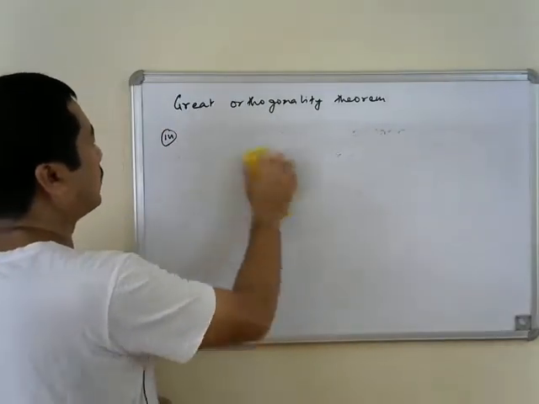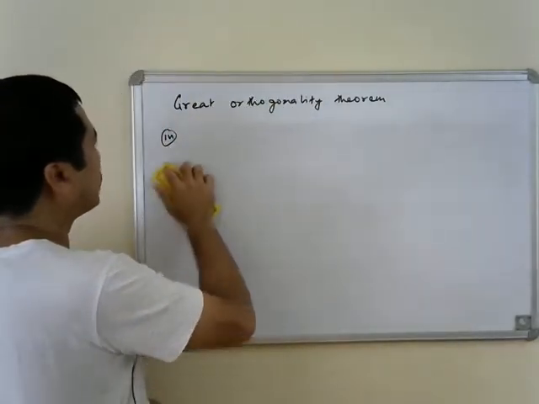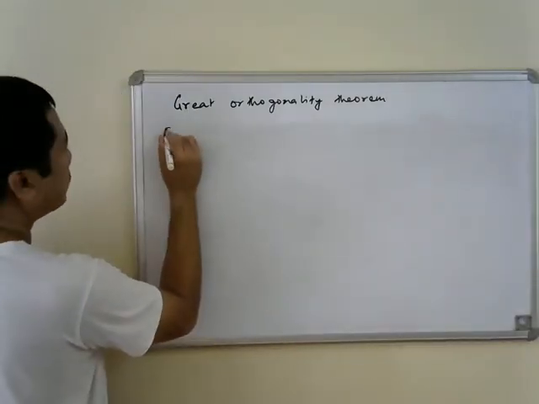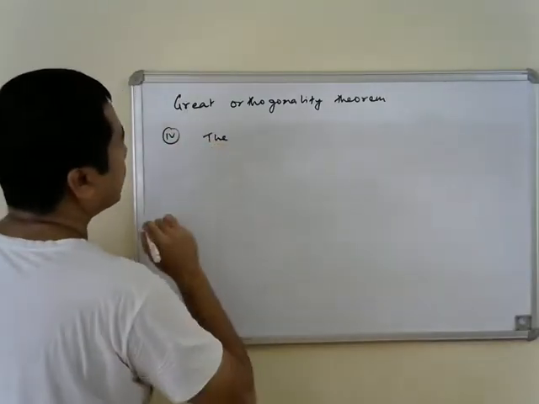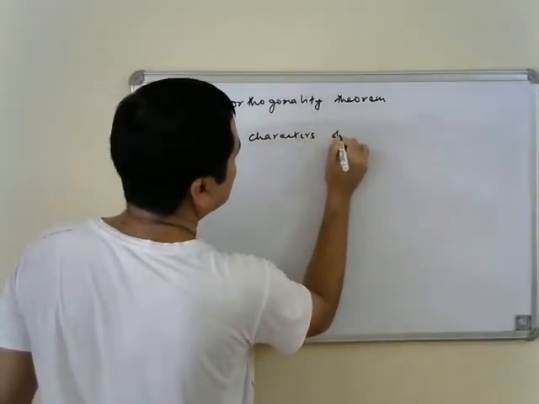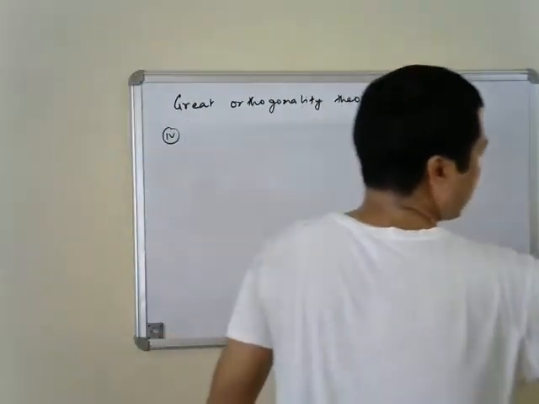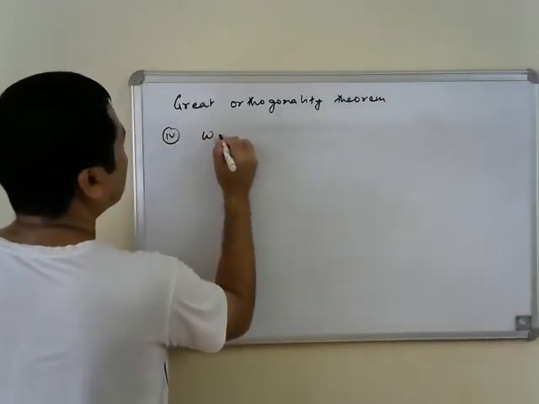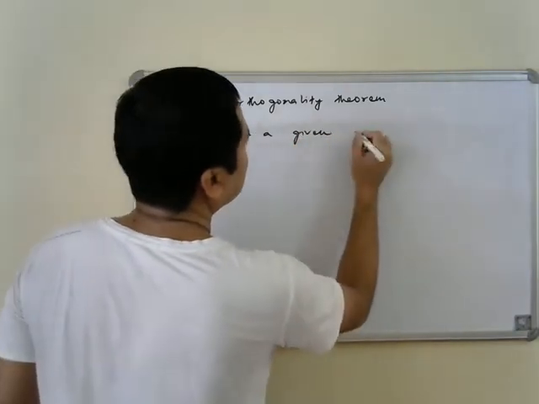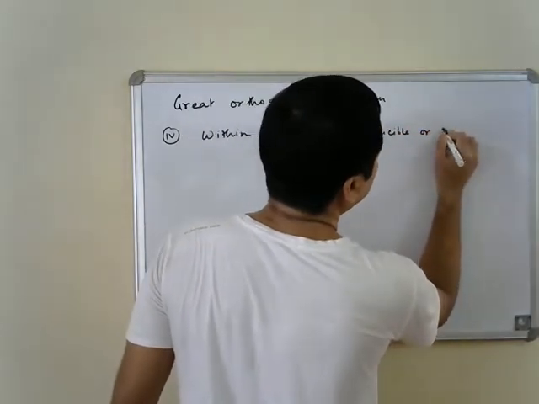This is the third law or rule that we should know regarding the irreducible representation, and the fourth rule tells us that within a given reducible or irreducible representation, the characters of matrices representing symmetry operations within the same class are equal.